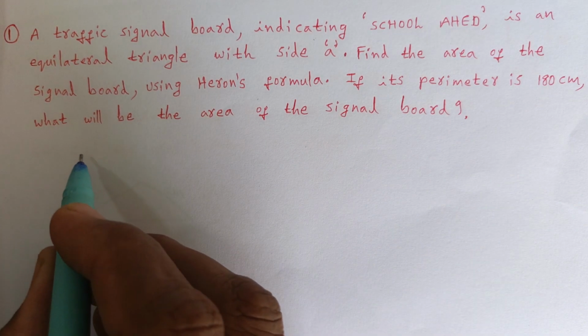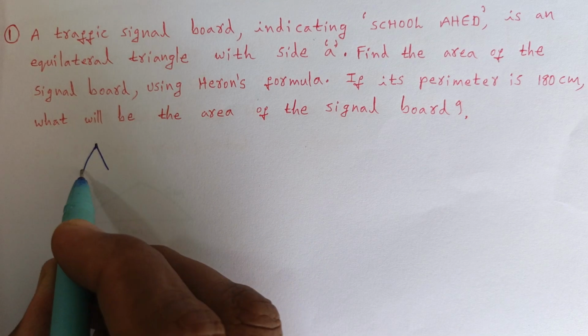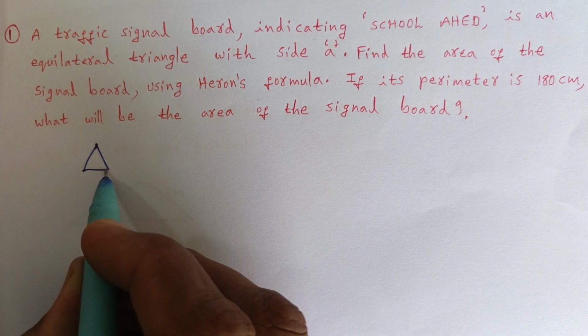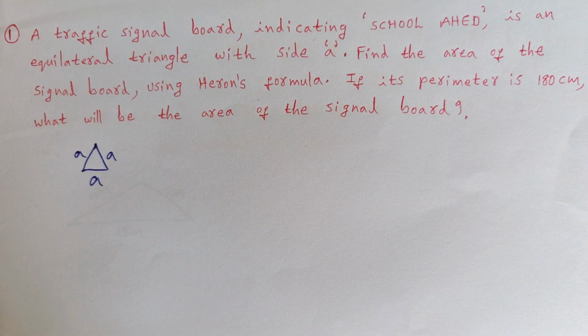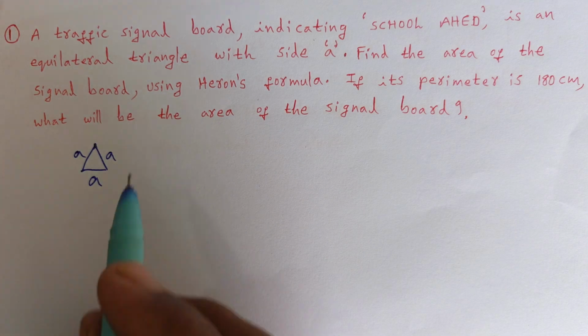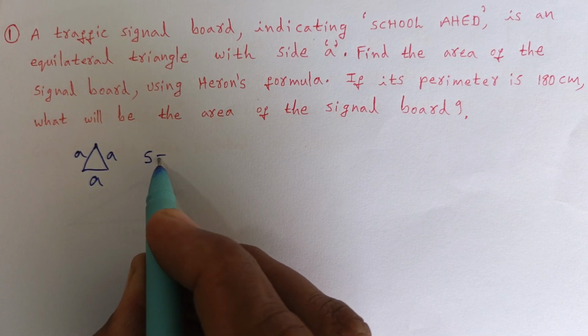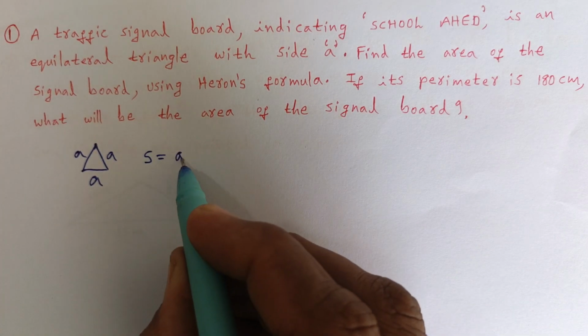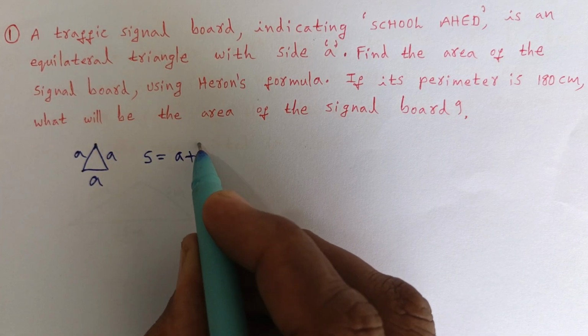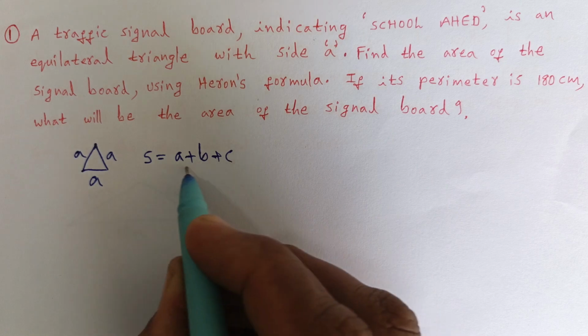Here an equilateral triangle is mentioned, which means all three sides are the same. So we can calculate the semi-perimeter using the general formula a plus b plus c by 2.